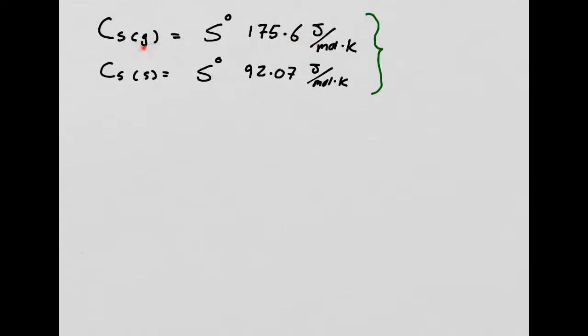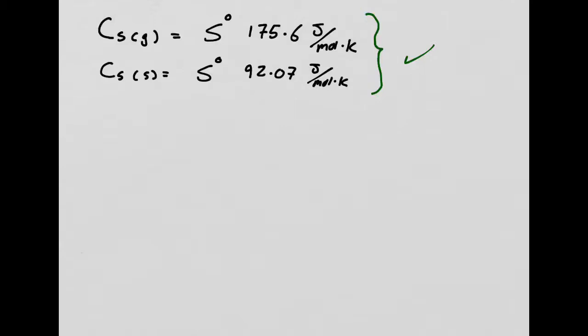And gas is a lot more disordered than solid. Solid is more ordered because it's all packed together, whereas gas is moving around, getting far away from each other. So these numbers make sense, because the gas is more disordered, so it has a larger value. So far, so good? Okay.